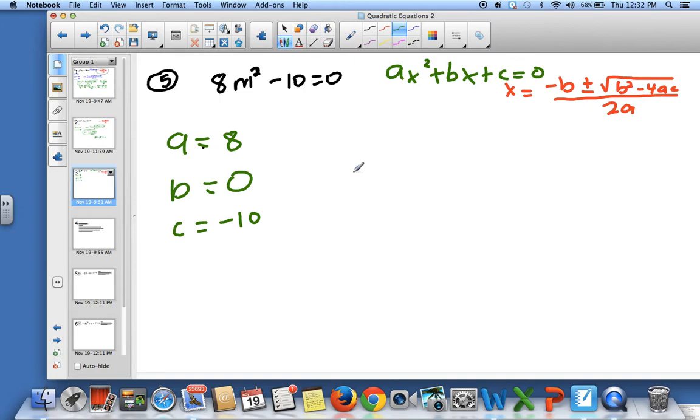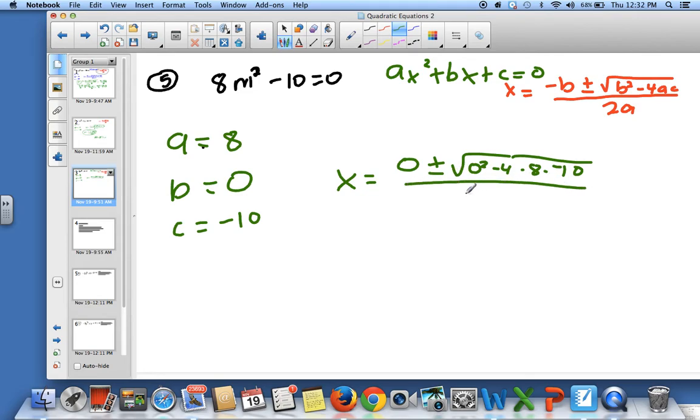So I would simply say x equals the opposite of 0, which is still 0, plus or minus the square root of 0 squared minus 4 times 8 times negative 10, all over 2 times 8. So x would be equal to 0 plus or minus the square root of 320 over 16.